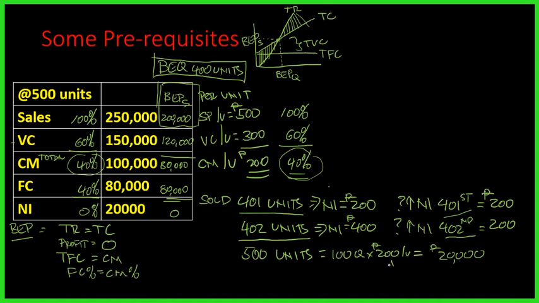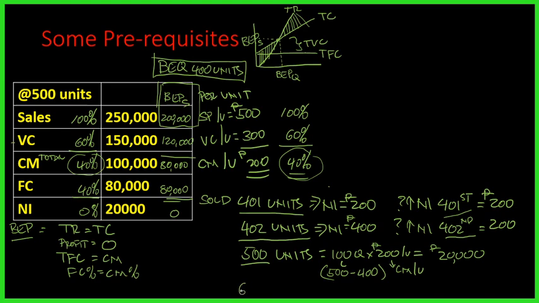This is your contribution margin per unit. And this one will be 400 minus, oh no, I'm sorry, it's the opposite. Burahin natin. This one is 500 units minus 400 units, the number of units you're selling above the break-even point. Nasundan na. Isa pa.